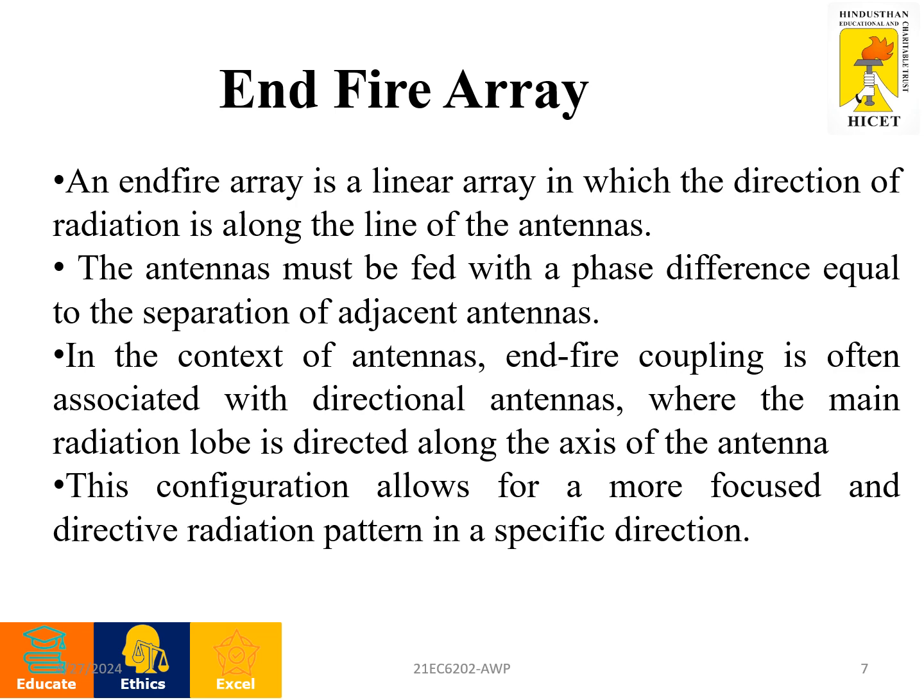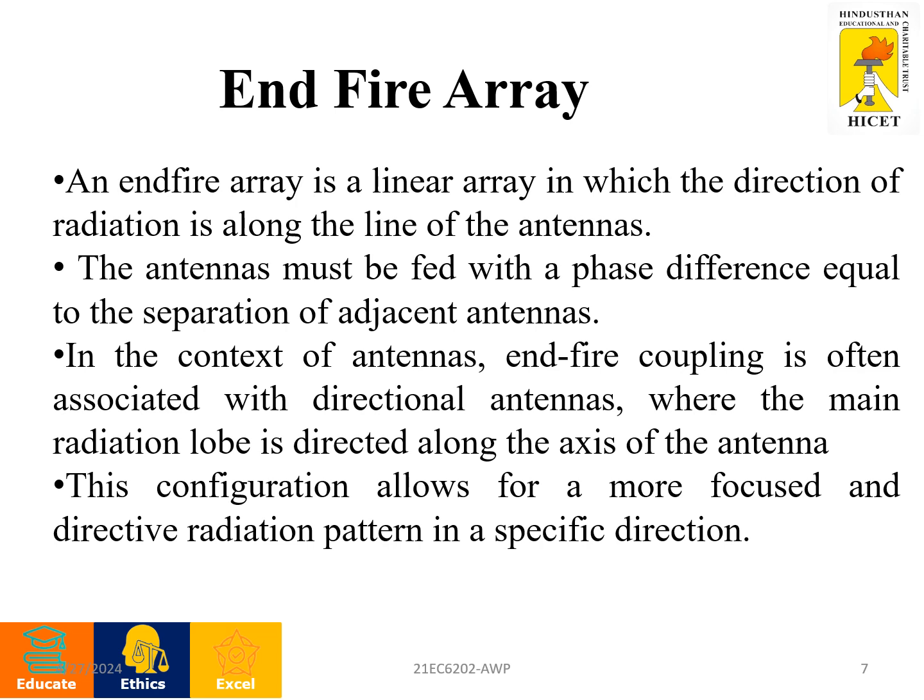The next antenna array type is the end-fire array. The end-fire array is similar to the broadside array, only the radiation pattern is different. An end-fire array is a linear array in which the direction of radiation is along the line of the antennas. The antennas must be fed with a phase difference equal to the separation of adjacent antennas.